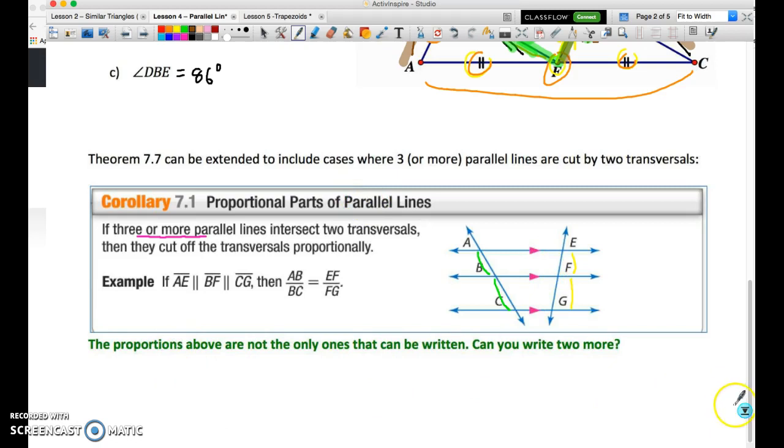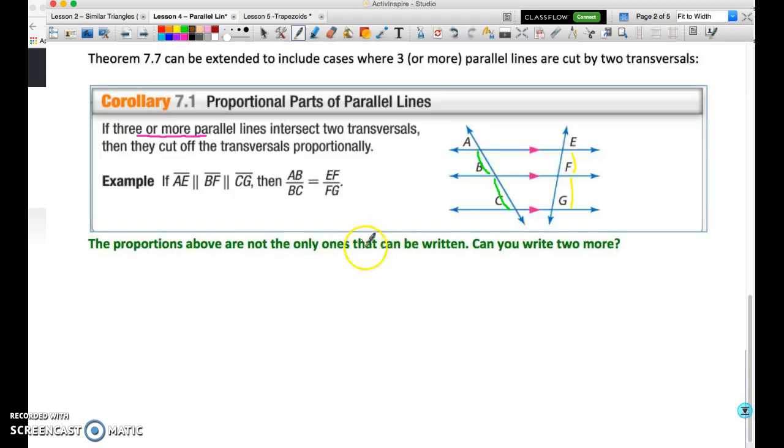Here we have been asked to write a couple of alternatives to the given proportion, which is AB over BC equal to EF over FG. Of course, we could write AB to EF, and that would be congruent to BC to FG.